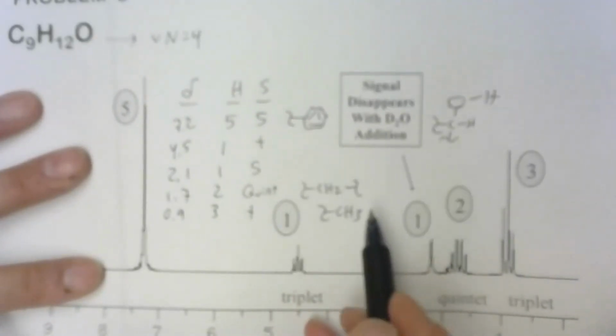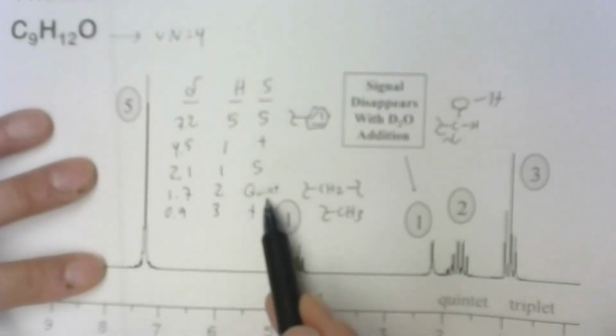All right. The quintet. What does quintet mean? It's next to how many neighbors? Quintet. It's 5 lines. Quintet must be next to how many protons? It must be next to 4 protons. So quintet is the number 5, but remember, the n+1 rule means it's 4 neighbors.